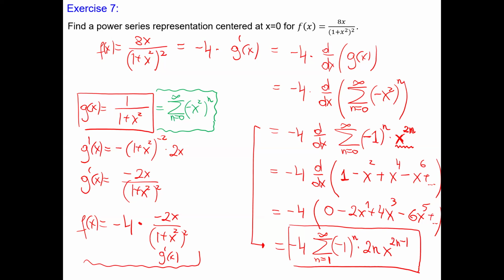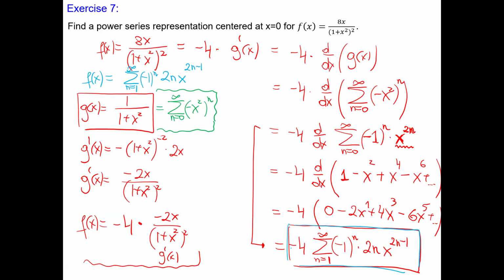I need one extra line. Let me use maybe blue color, and this will be the final answer, the power series representation. I will copy starting from 1. Now we will have 2n x to the power of 2n minus 1, negative 1 to the n.